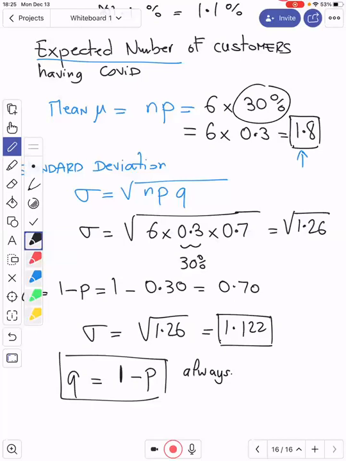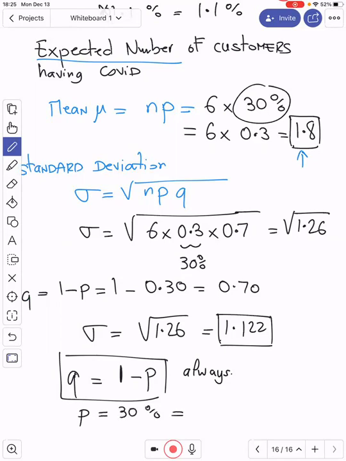So okay, that's for problem 1. I can make some comments about this. In this problem, we had P, 30%.